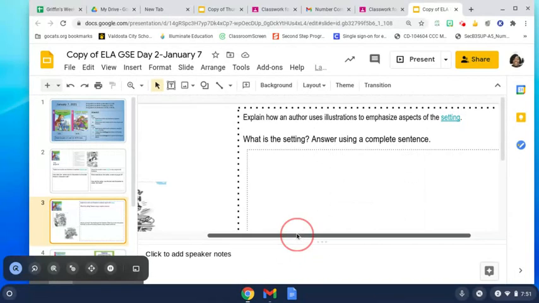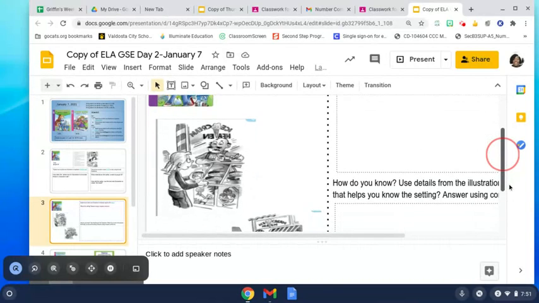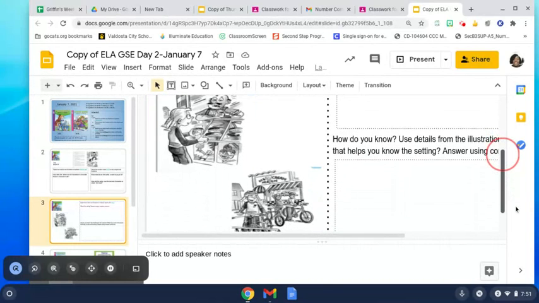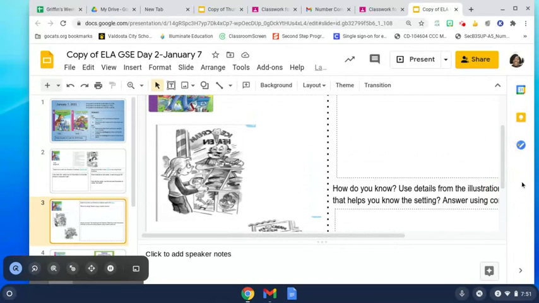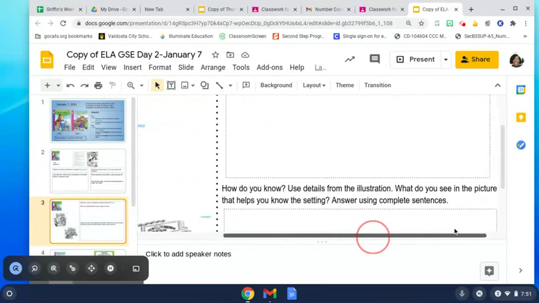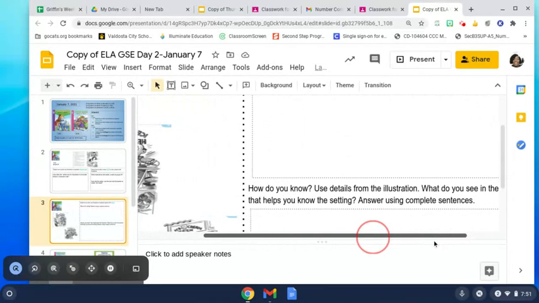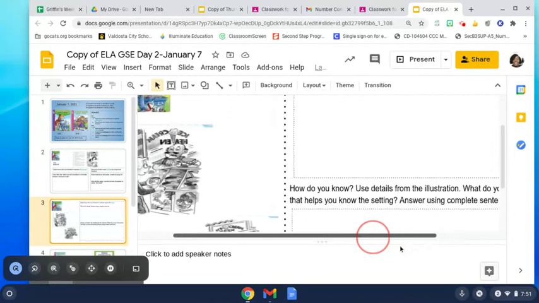Okay, look at the picture. Look at the illustration and tell me, where does the story take place? Okay, how do you know? Use specific details from the illustration. What do you see in the picture that helps you know what the setting is? Answer using complete sentences, please.